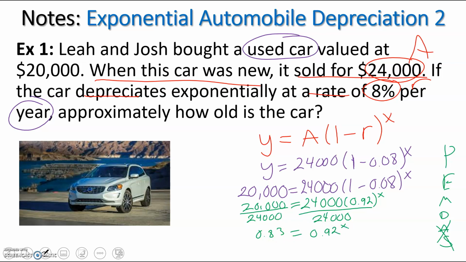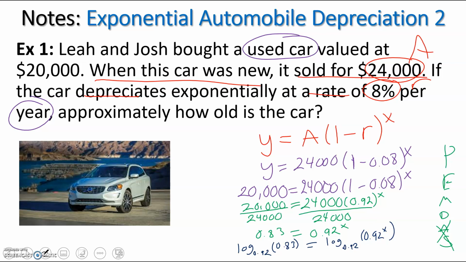Now, this is an exponential equation, so if you remember back to our previous lessons, the only way to get rid of an exponential is to do logarithms. So we're going to go ahead and take the log base 0.92 of both sides. So we have log base 0.92 of 0.83 and log base 0.92 of 0.92 to the power of x.